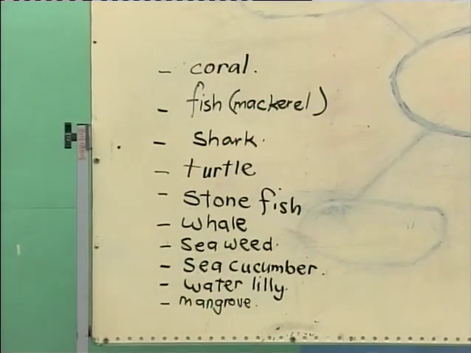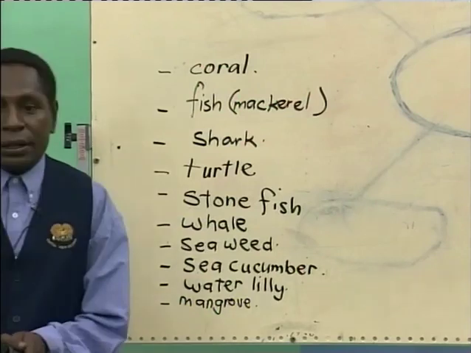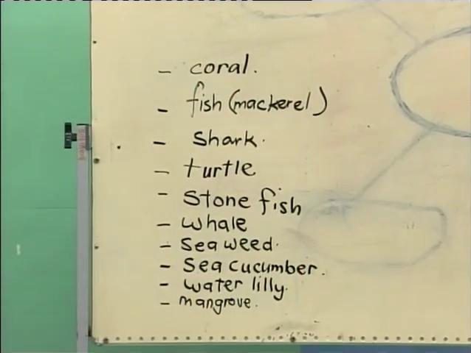Now, looking back at all the animals that we have already come up with on the list there, we can make up a food chain from all these animals, just like the ones that we did with the animals on the land.